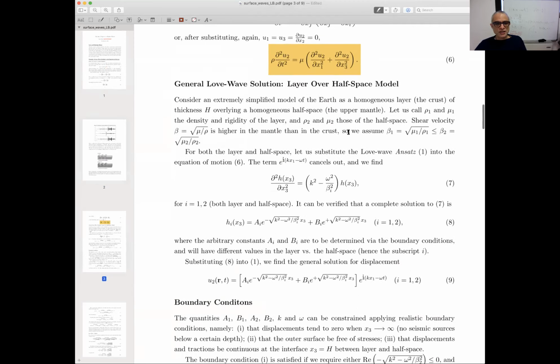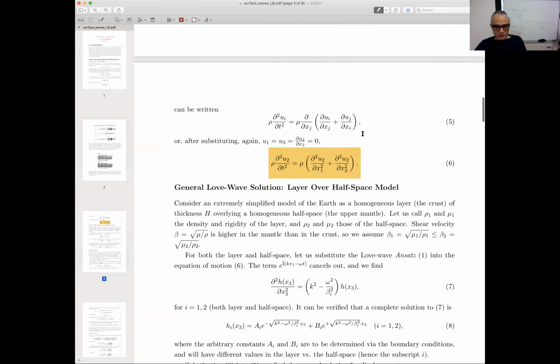So if you differentiate with respect to x1, you get k. If you differentiate with respect to time, you get omega. And then this term stays. So eventually it cancels out and you're left with this expression.